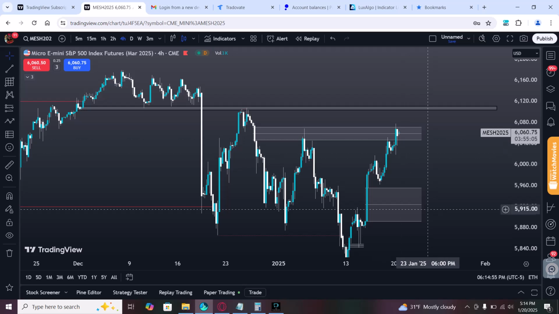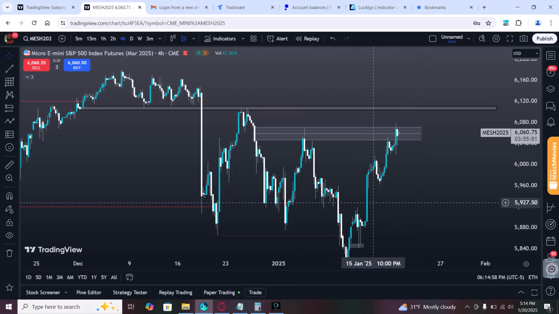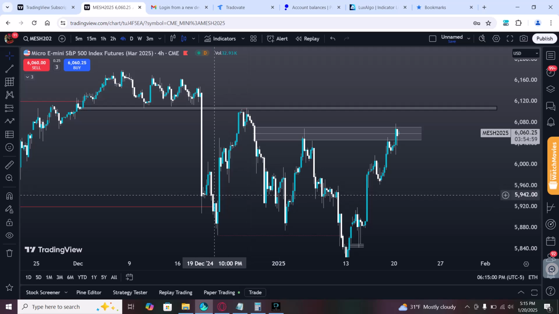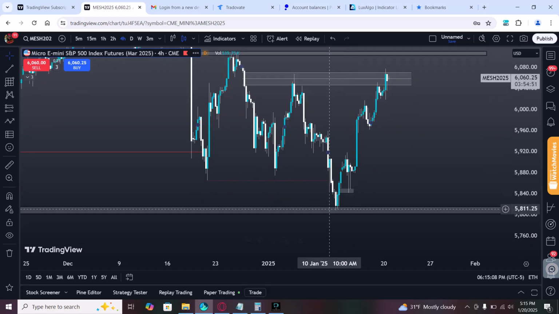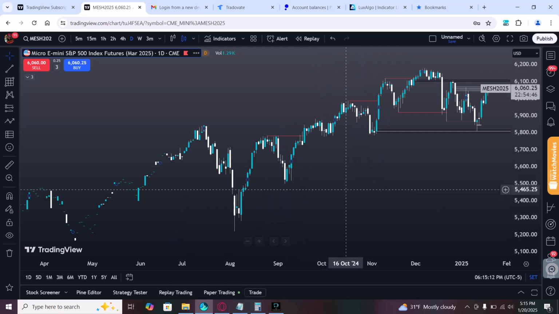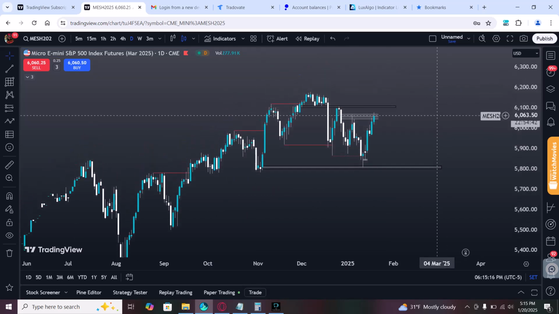But I see that it's going to come down to fill that higher imbalance and efficiency that it did previously over here. When it came up, it came down to fill this imbalance. Came up, came down, fell beautifully into a daily order block. And if we go back to the daily, we can see that we are in an uptrend in the bigger picture.